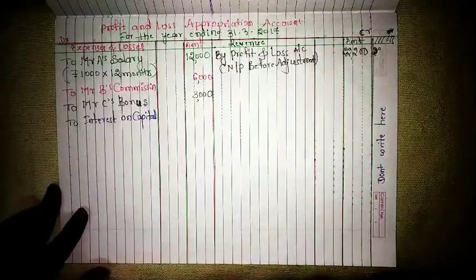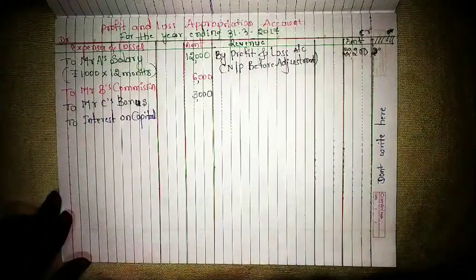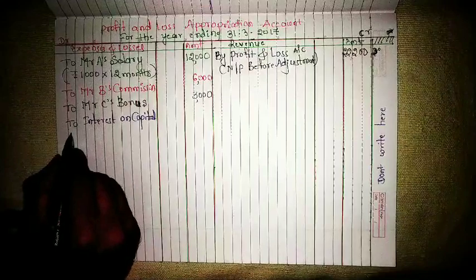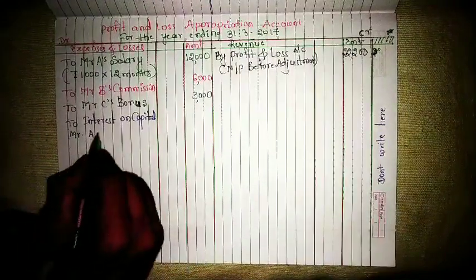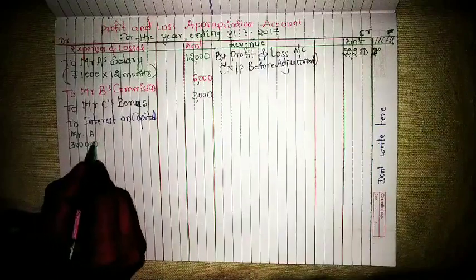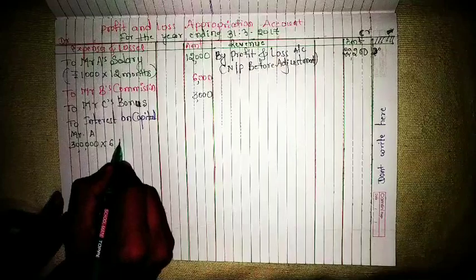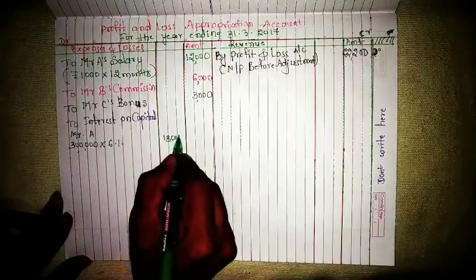Completed? Right below, Mr. A 3 lakh into 6% is 18,000.